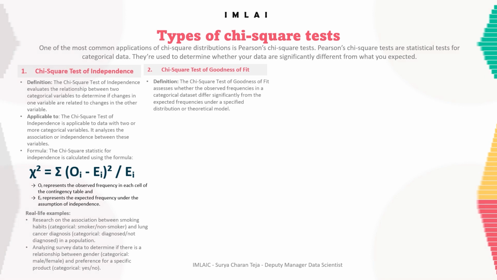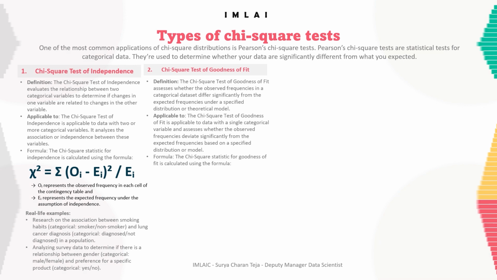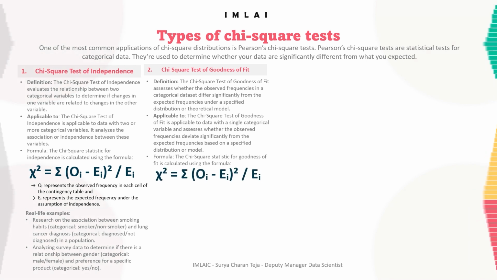It is applicable to data with a single categorical variable and assesses whether the observed frequencies deviate significantly from the expected frequencies based on a specified distribution or model. The formula, by and large, is the same: chi-square is the sum of (O sub i minus E sub i) squared, all divided by E sub i.